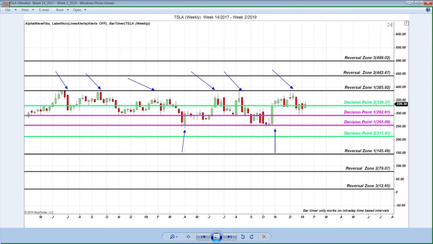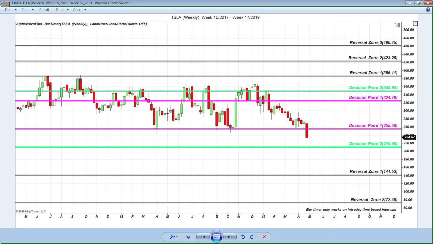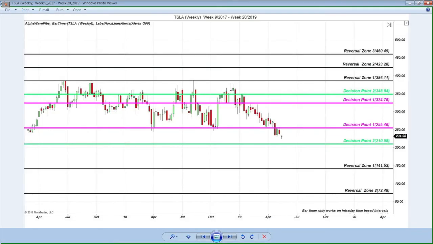And this is Tesla now. After 3 years of key support, it finally crashed through, reaching a key Fibonacci level, present in the room for years. 211 is out, 145 is next.